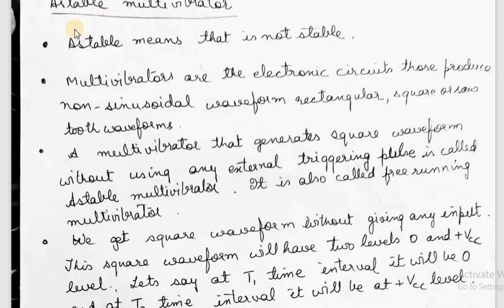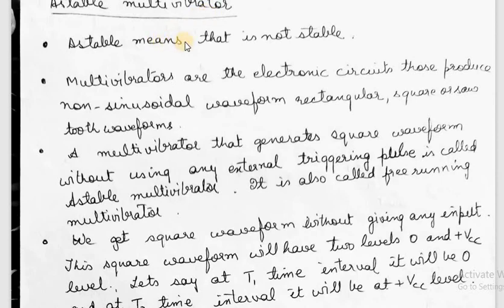So multivibrators are non-sinusoidal oscillators, and if we classify them broadly, then they can be classified into three parts. First is astable multivibrator.